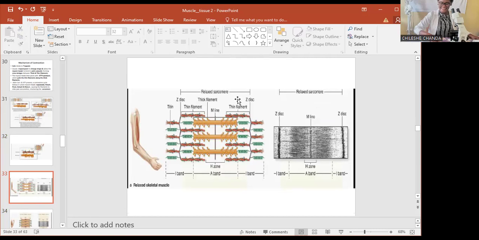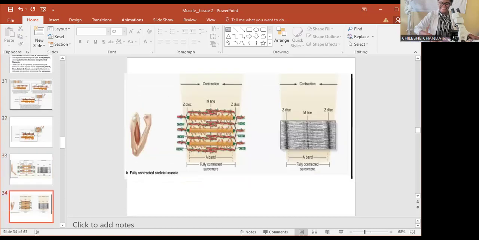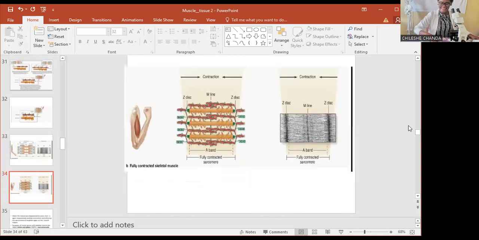On the other hand, a relaxed muscle means that the myosin and the actin are no longer interacting, and so they go back to their normal position.